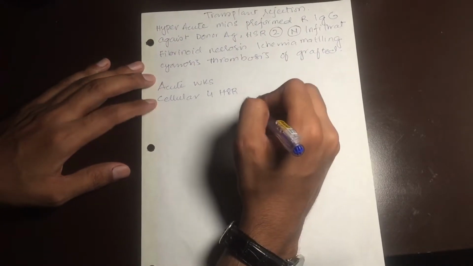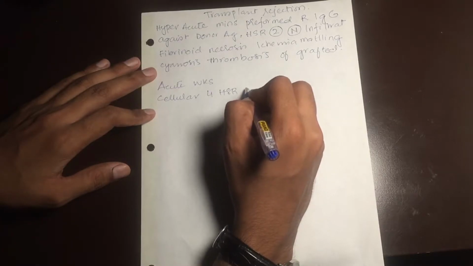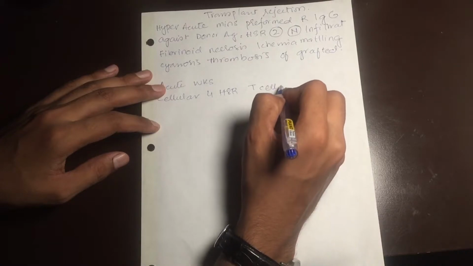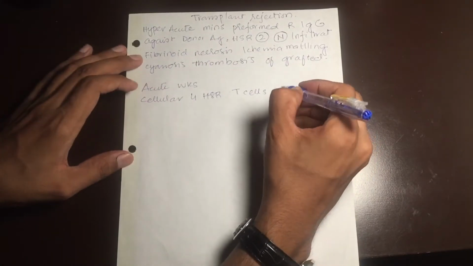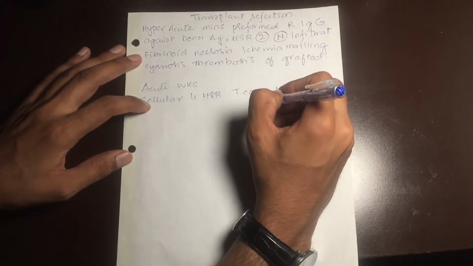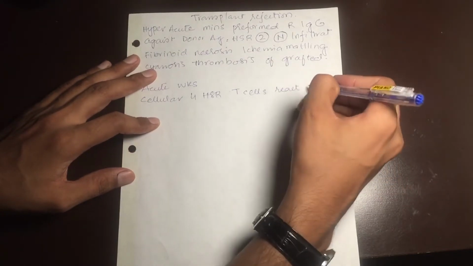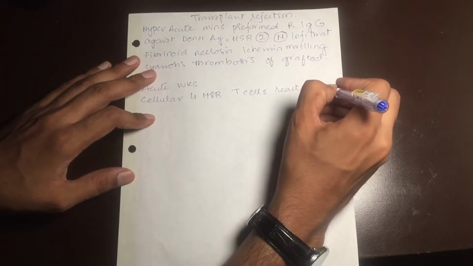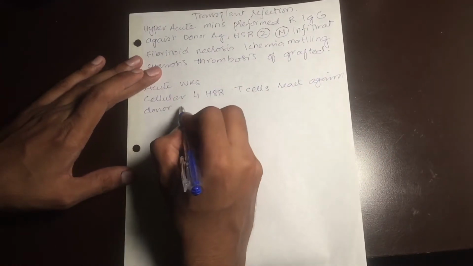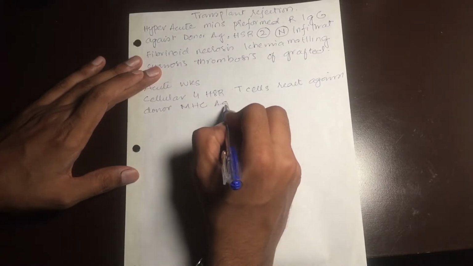How? Acute rejection is due to T cells, either CD4 or CD8 T cells, activated against the donor MHC antigens.